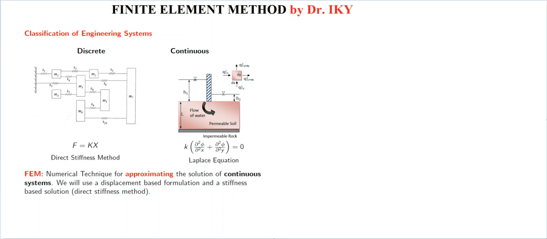So we are trying to explain the equations by using F is equal to K multiplied by X, if you remember. And we call this a discrete system, naming it the direct stiffness method. Today we try to talk about the direct stiffness method and using the spring equations for different examples.